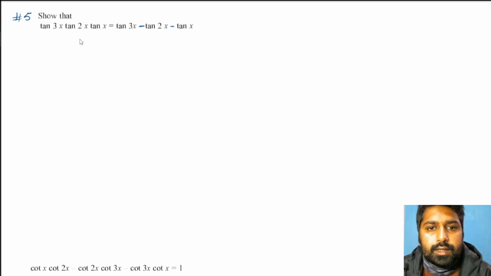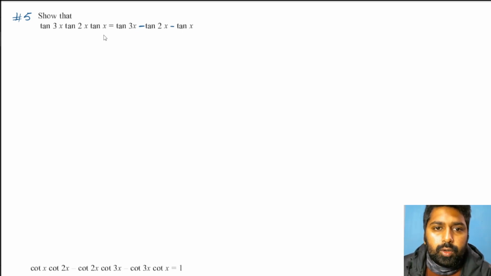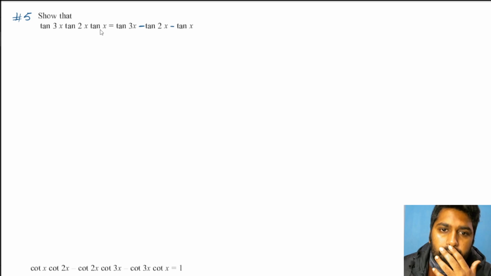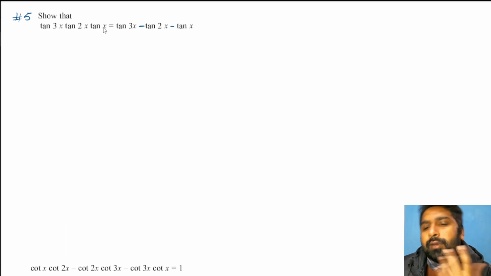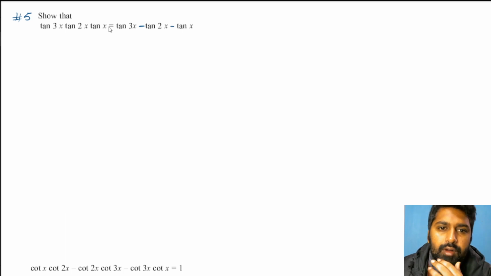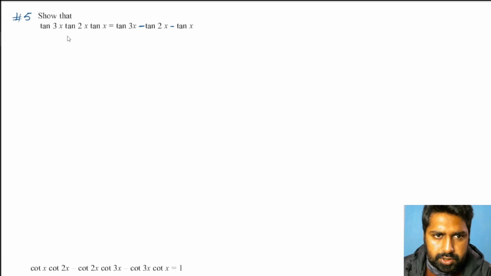It means the product has somehow become the difference. Now we haven't studied multiple angles 2x, 3x. We have not talked about those. And even if I gave you the formulas, the formulas for tan 2x and tan 3x will be very complicated. Once you multiply a complicated expression with another complicated expression, it will complicate things. It will not simplify anyhow. So expansion is not the idea for this question. Okay.